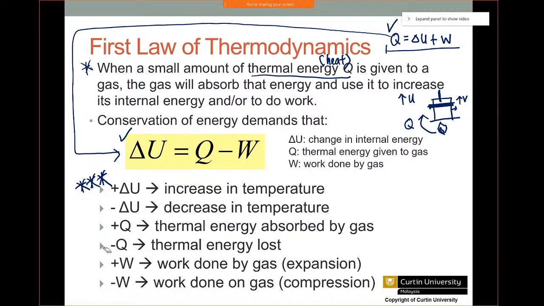Change in internal energy. Just now we looked at U, the internal energy. If you put a delta in front, it means the change. So change in internal energy means final internal energy minus initial internal energy.